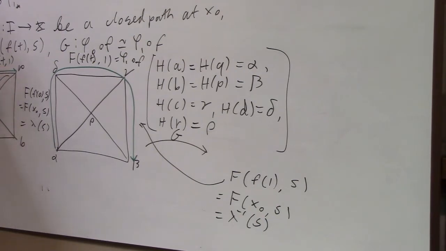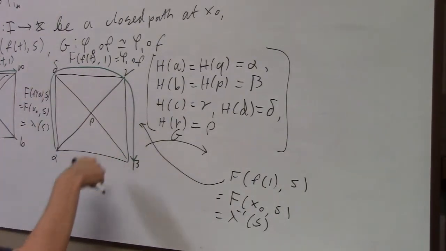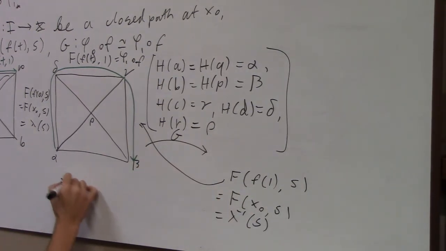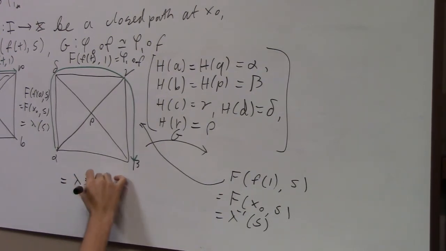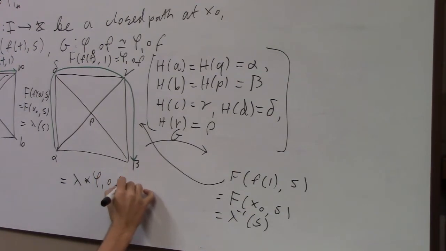It's not just a reparameterization. This whole path, once we apply the G map to it, is going to be equal to lambda, phi1 of f, lambda inverse.